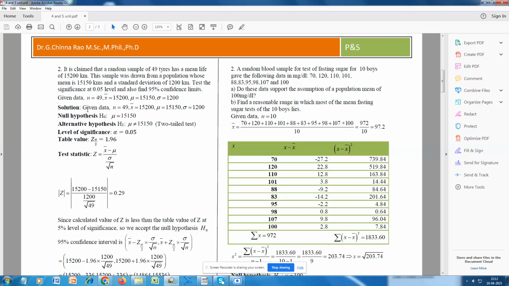Now null hypothesis H naught, mu is equal to 15,150. Alternative hypothesis H1, mu not equal to 15,150. Level of significance 0.05. Table value 1.96.